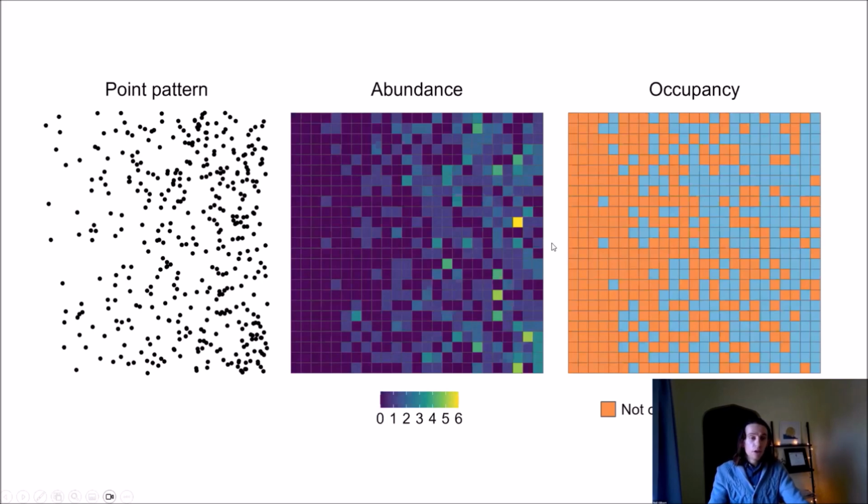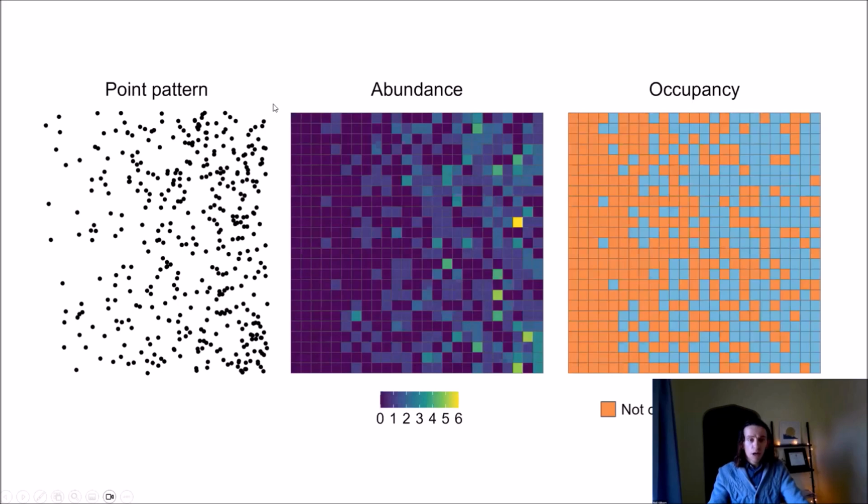So say you have presence-only data and count data. You think about, okay, what is the common ground here? They're coming from a point pattern, and so you use that when building your model to make those data types work together. Now there's a realm of statistics related to point patterns and point process modeling, which I won't go into in much detail here, because we often don't deal with spatial point process models directly.